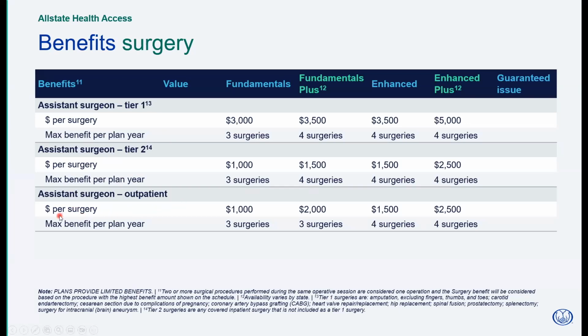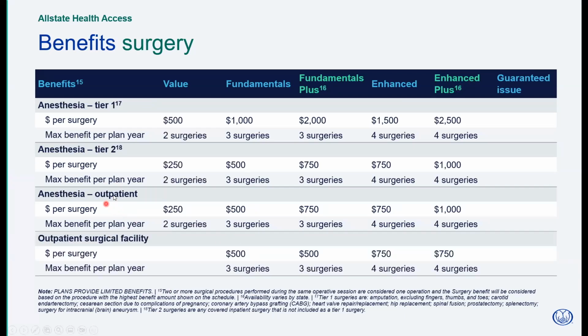This is also per surgery. It ranges from $1,000 to $2,500, depending on the level you select. The maximum benefit for outpatient assistant surgeon costs per plan year also ranges from 3 to 4 surgeries, depending on the level that is selected.